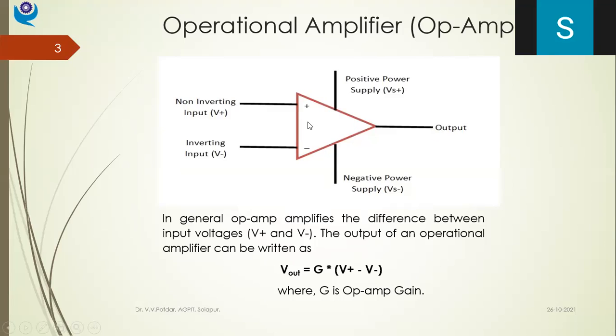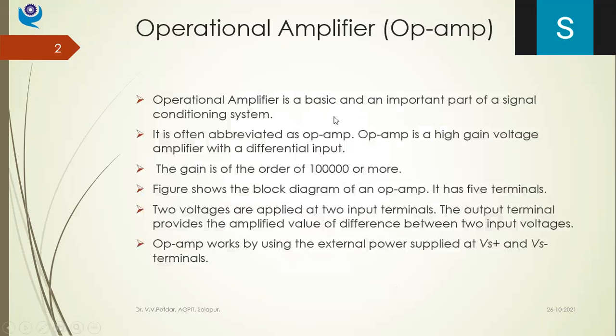So op-amp is essentially an amplifier, right? This is just a symbolic representation of an op-amp. Its primary function is to scale up the voltage by an appropriate scale ratio.